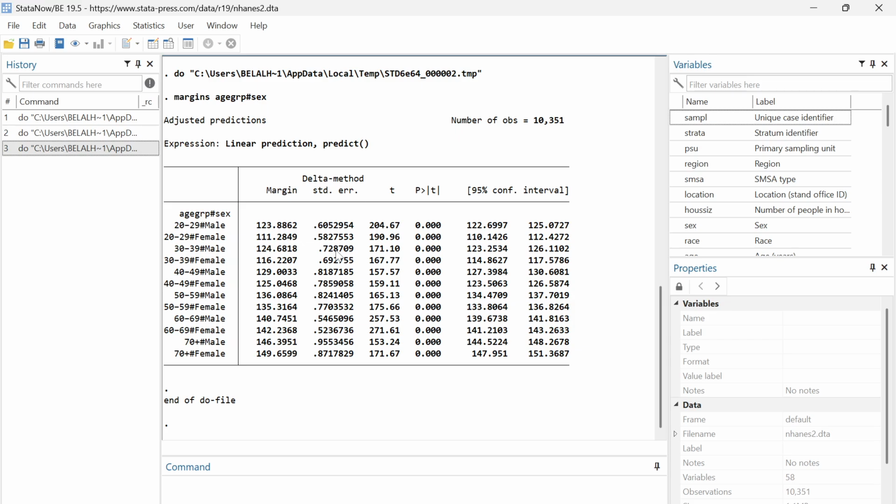And then they cross the line, and in the older age groups, females now have higher mean systolic blood pressure. So that's the pattern we can see from these predicted means for age and sex combinations.